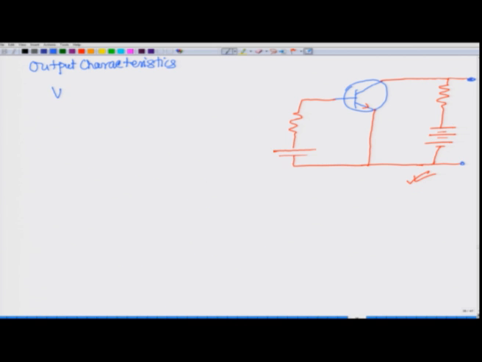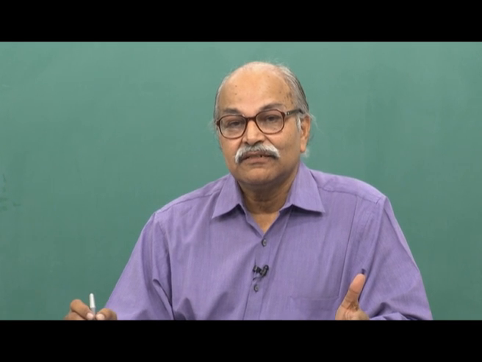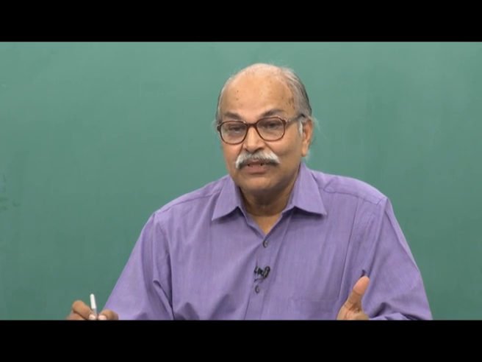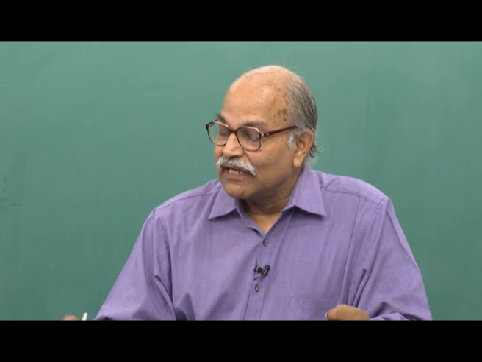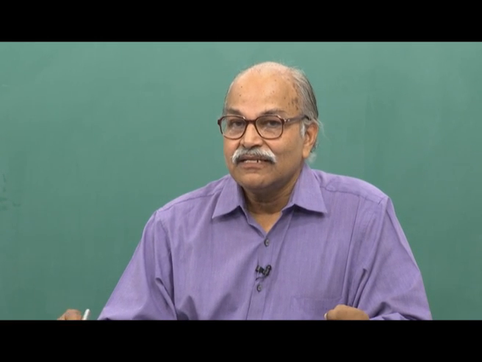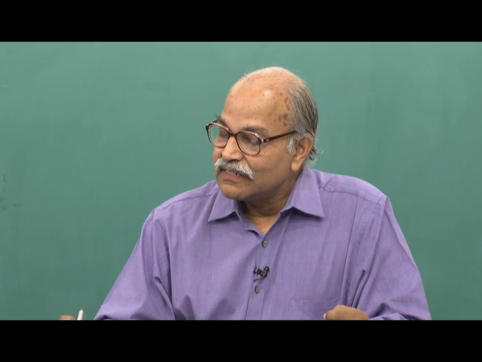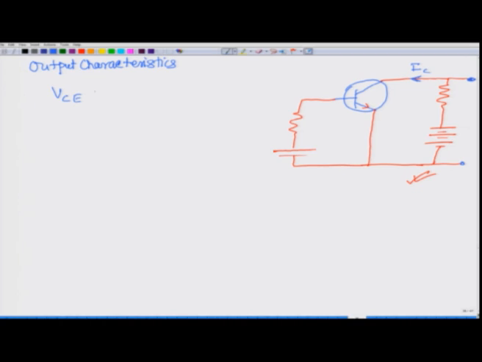So, voltage is this VCE and the current is this IC. Why am I putting the arrow towards the left? Because this is an NPN transistor. The electrons are being emitted by this emitter, and electrons are being collected. So, electrons are flowing from the collector to this outer circuit, and therefore, the current is in the opposite direction. So, the arrow of IC is like this. So, VCE and IC. If I plot this relation between these two, that will be called output characteristics.